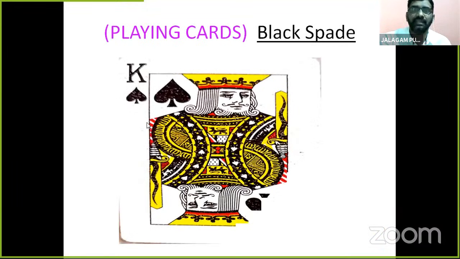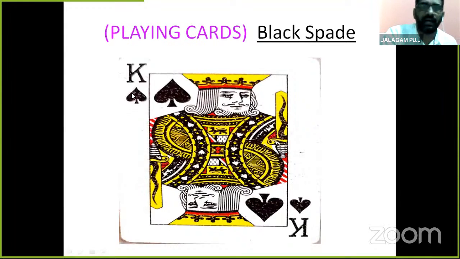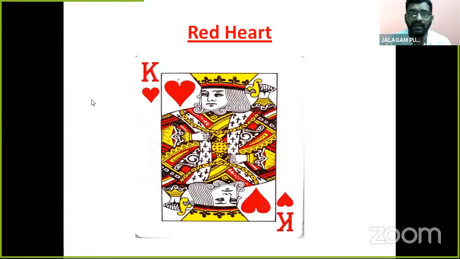Now see, children, once again, this is one of the black spades. Here, king. The black spade shape is like this. Next one, red heart. The shape is like a heart, which is red in color. This shape is called red heart.